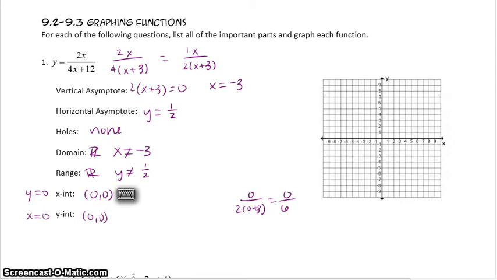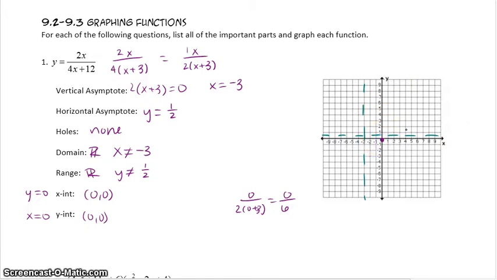Alrighty, so then let's graph what we know. We have a vertical asymptote of x equals negative 3, a horizontal asymptote of y equals 1/2, and an x and y intercept of just 0, 0.